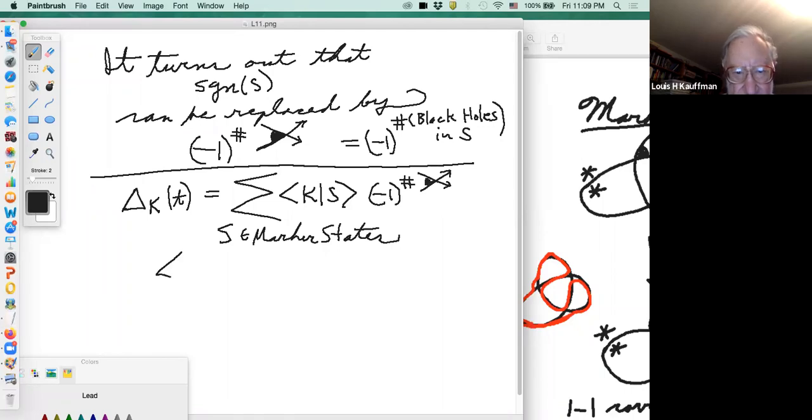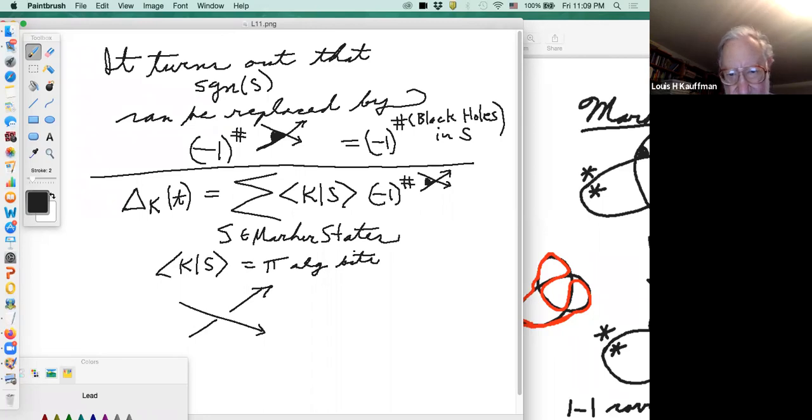And the K_S is equal to the product of algebra bits. And we can figure out what the algebra bits are. Let's just do it in the usual sort of crossing notation, crossing positive, crossing negative, so we can see what it would be for Alexander. So for Alexander, these are the dots in the positive crossing, and these are the dots in the negative crossing.